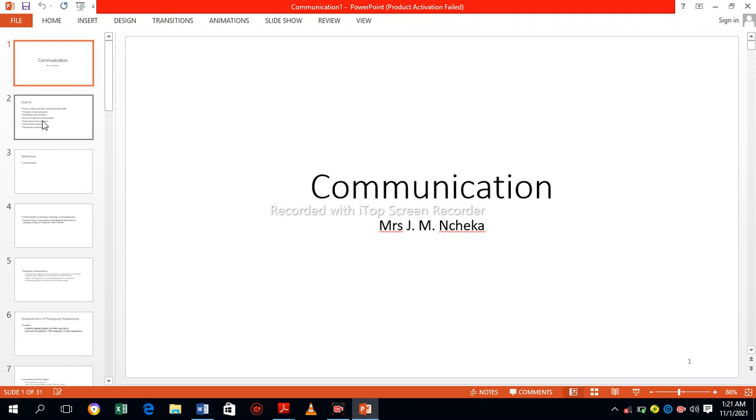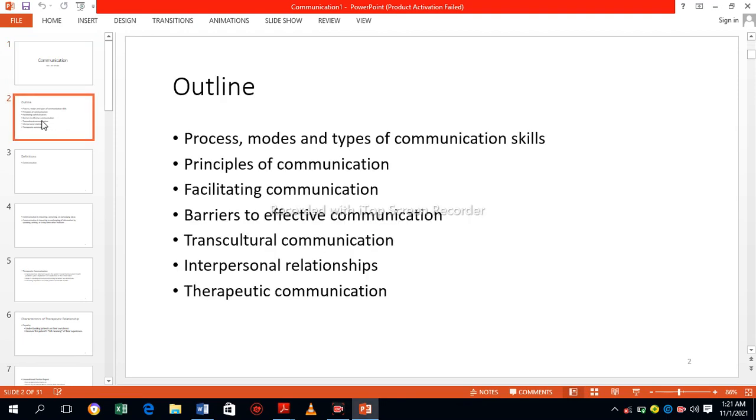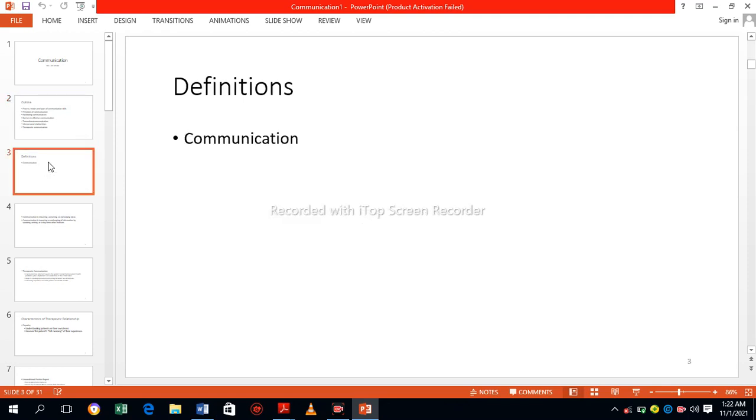The outline is: the process, models and types of communication skills, the principles of communication, facilitating communication, barriers to effective communication, transcultural communication, interpersonal relationships, and therapeutic communication.